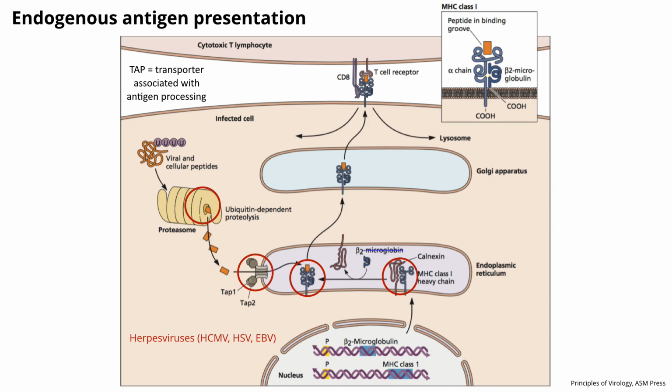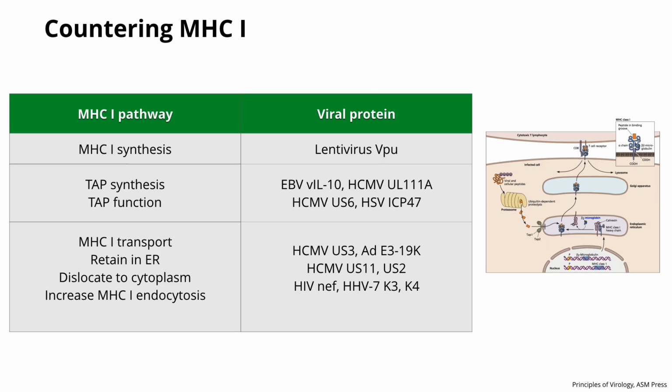Now, of course, there are countermeasures to MHC1 as well, just like there was one that we mentioned for MHC2. Look at all the countermeasures for the MHC1 pathway. There are viral proteins that have been identified, and you don't have to know the individual proteins. I'm just putting them here to show that there's an entity that's been discovered that interferes with the synthesis of the protein.